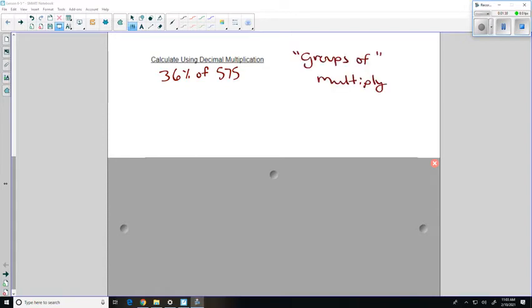The other thing to recognize is that 36%, 36 per 100, 36 hundredths, can be written like this. Groups of, multiply 575, and now I have a problem that you're pretty familiar with, 36 hundredths times 575.